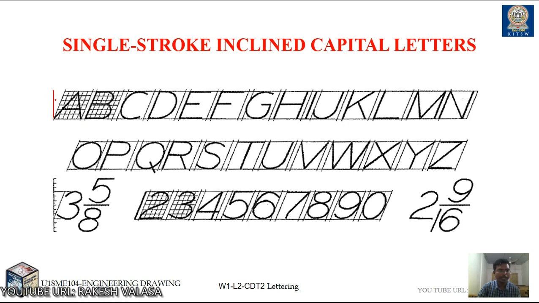That is the major difference between single stroke vertical capital letters and single stroke inclined capital letters. This is the single stroke inclined capital letters. We can print from capital A to Z and numerals 0 to 9. Fraction numbers 3 5 by 8, 2 9 by 16.